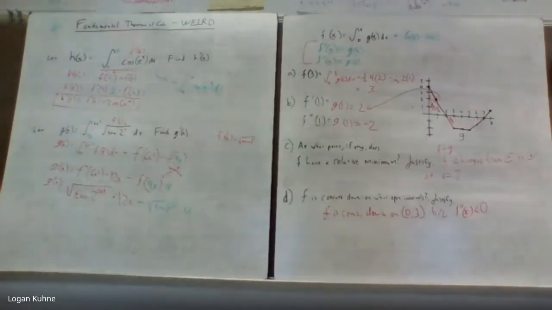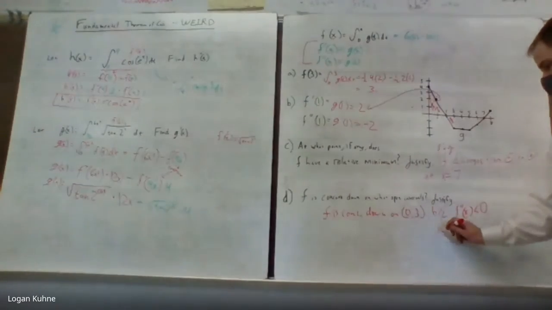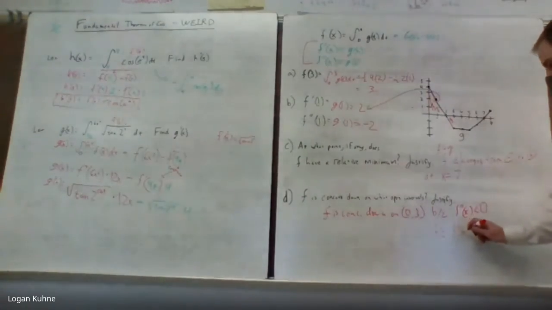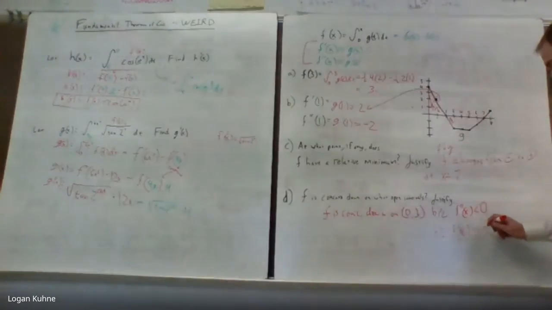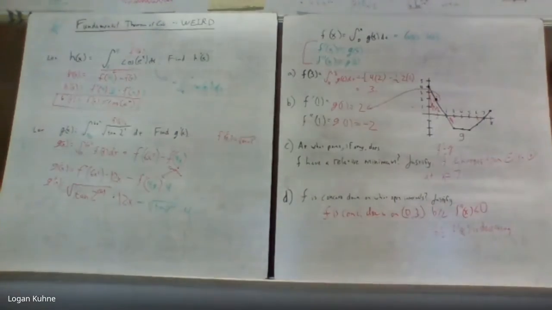Now, there is actually something else you could put on here. You could also say because f prime of x is decreasing. That is something you can actually add to this over here.